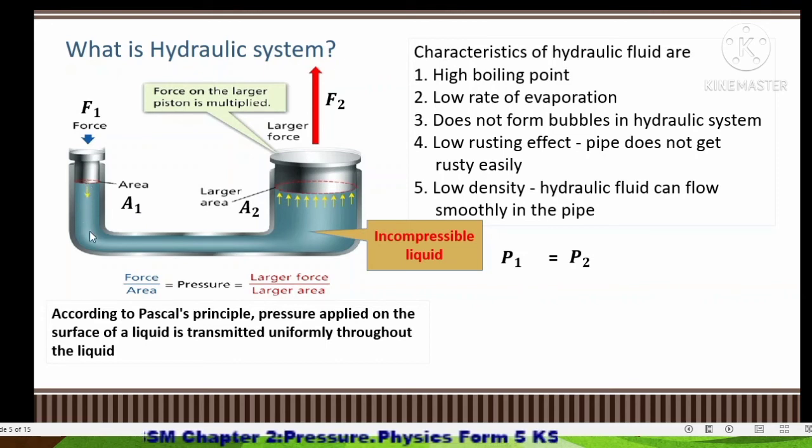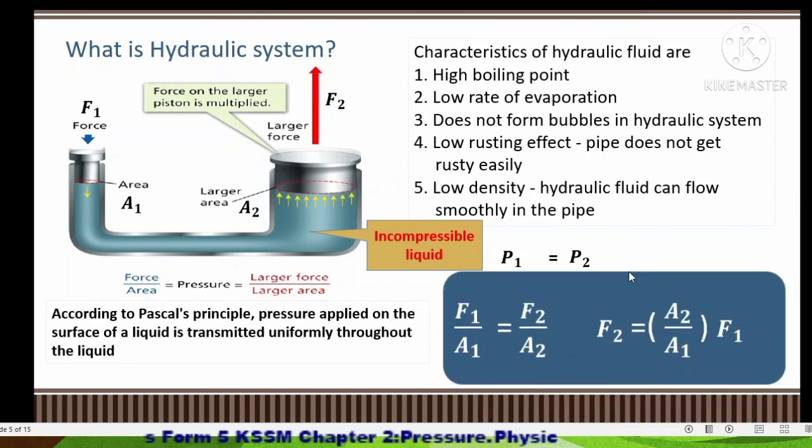Pressure P1 will be transmitted uniformly throughout the liquid to the second piston or the output piston. Let's say the pressure at the second piston is P2. According to Pascal principle, P1 equals P2. What is P1? P1 is F1 over A1, and P2 is F2 divided by A2.